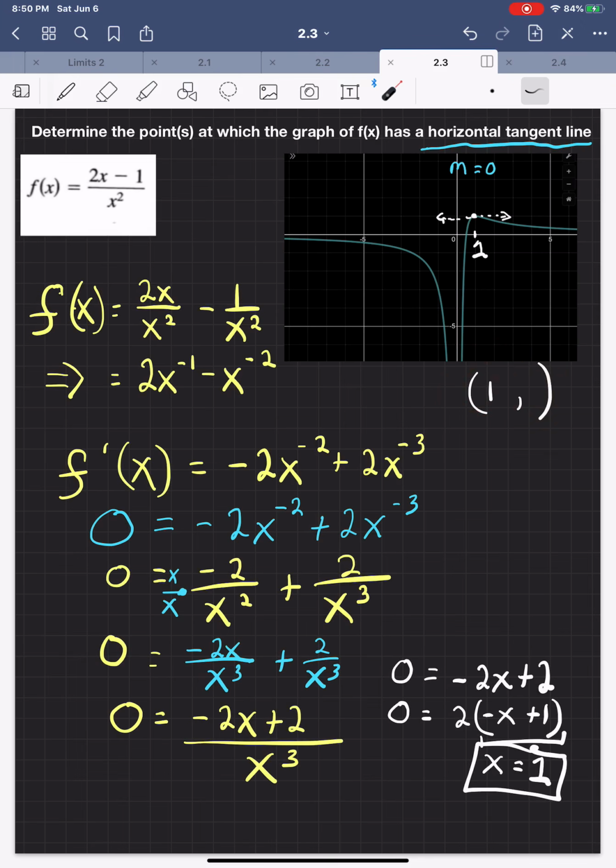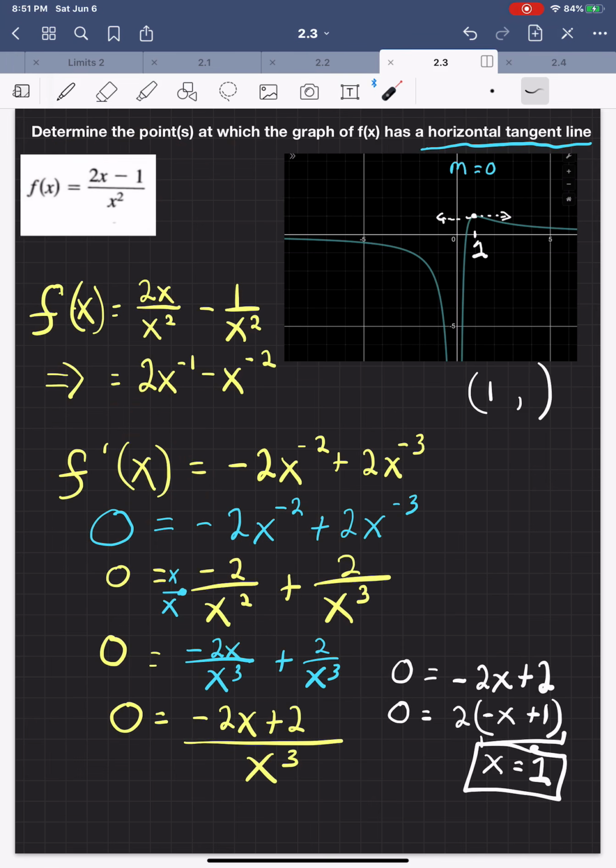So what do I need to do with this 1? I need to plug it in somewhere. Well, I have two functions to choose from. I have the original function and I have the derivative. Well, if I want a point, then I want to know what's the y value given an x value. So I want to go to the original function.